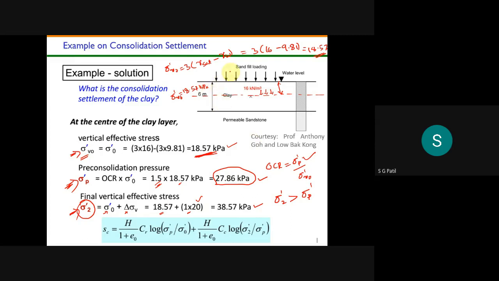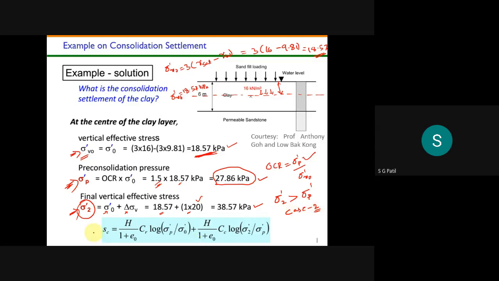So what is happening? See, to begin with, before construction of your structure, the soil was under OC condition. Once you start building the structure, slowly the soil is entering into the NC region. So that's why I should use case 2.